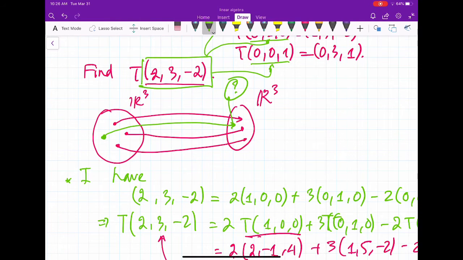Of course, sometimes you cannot express this vector as a linear combination of the given ones. In that situation, the problem is unsolvable. Make sense? That means we don't have enough information to determine the image of this vector.